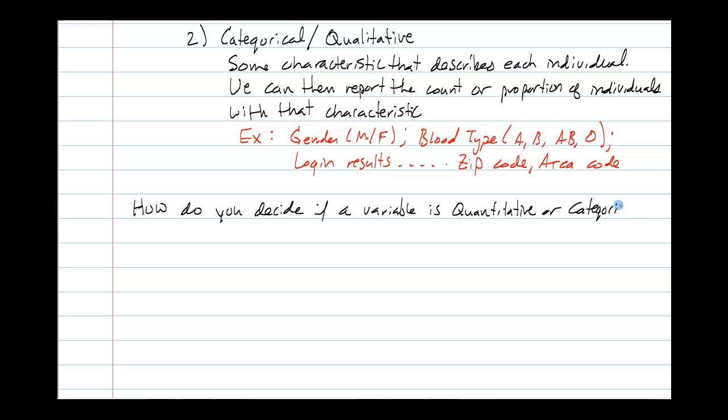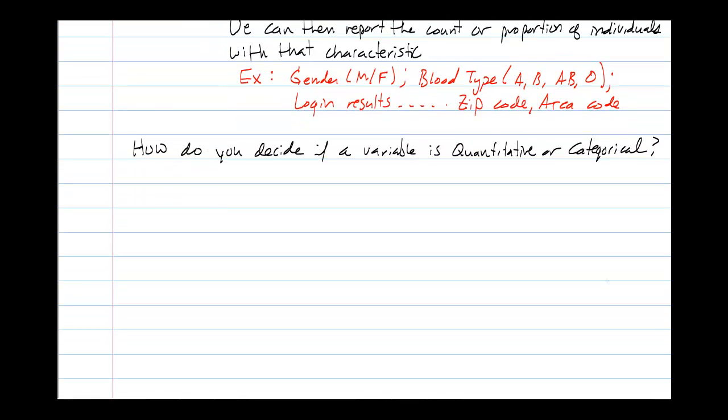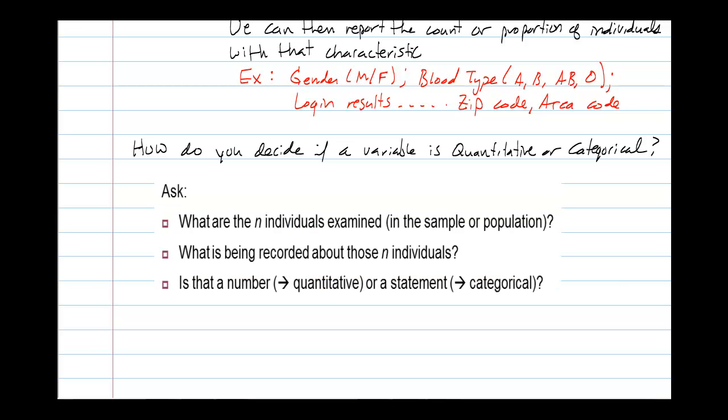And remember, another name for categorical is qualitative. Well, first of all, you need to ask yourself a few questions. The first one to look at is, what are the n individuals being examined? And then, is it being examined from a sample or a population?